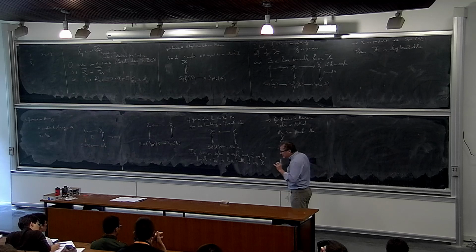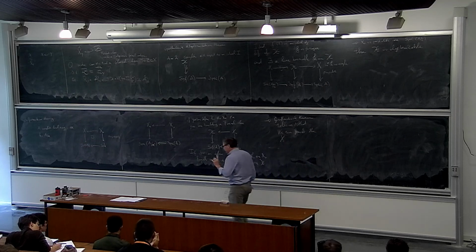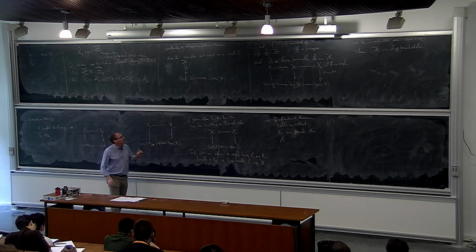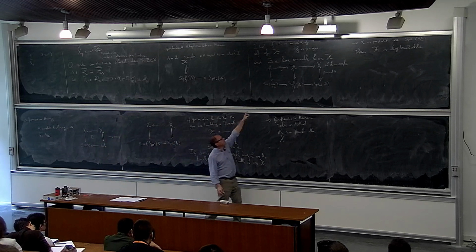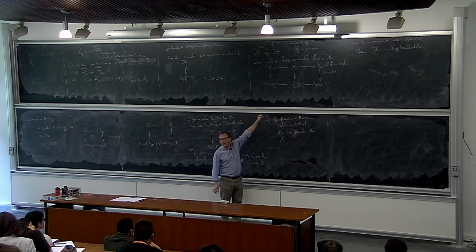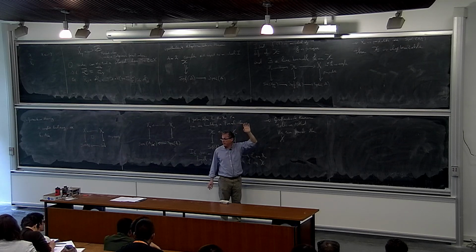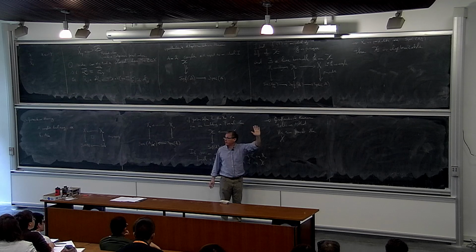But it is important to notice that in the bottom line there are formal completions of rings. So there are formal affine schemes, not arbitrary schemes.